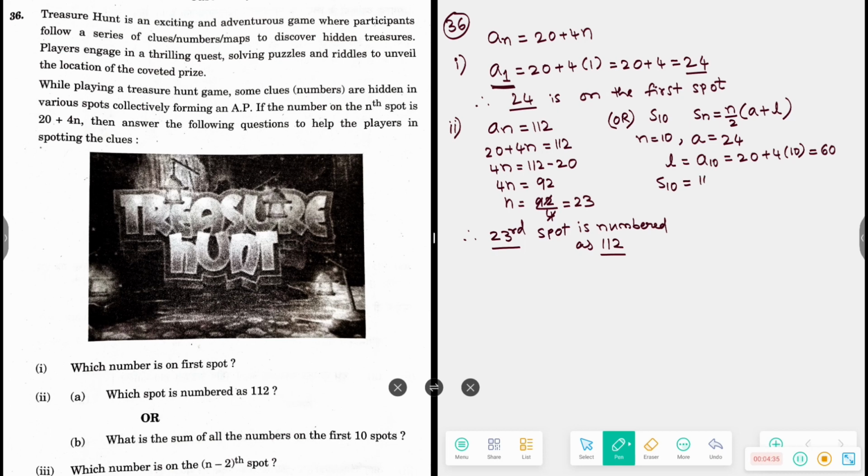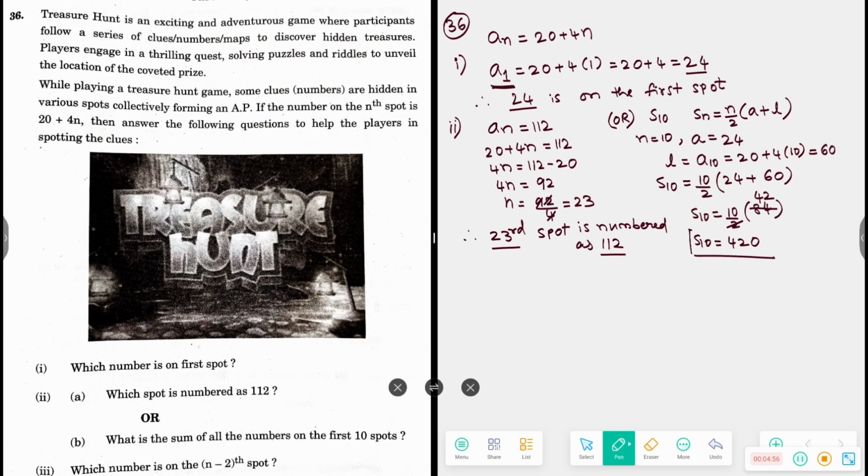So now let us find S10. S10 is equal to 10 by 2 into a plus l. A is 24 and l is 60. So we get S10 is equal to 10 by 2 into 84. After cancellation we get 42. So S10 is equal to 10 into 42, which is 420.